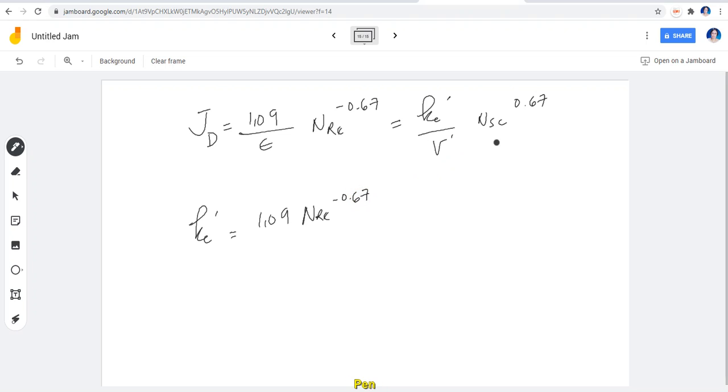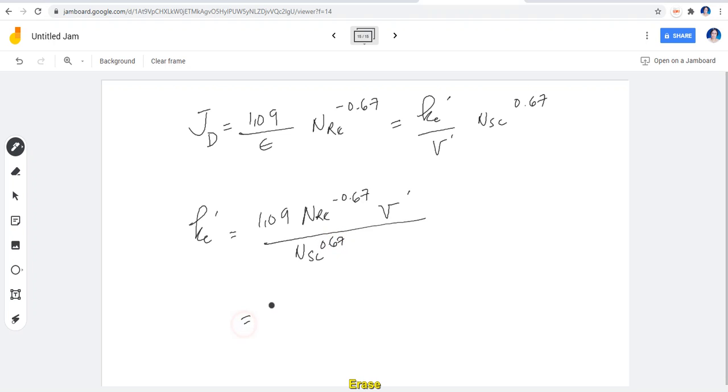If this V prime is the divisor here, so that we keep the K sub C prime, then it will appear in the numerator. Then we have in the denominator N sub C raised to 0.67, representing our Schmidt number.